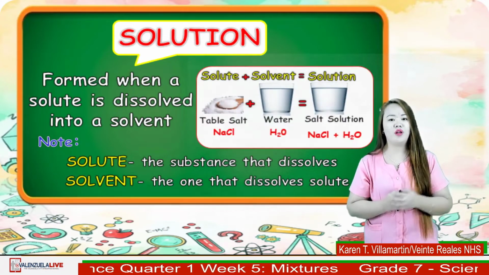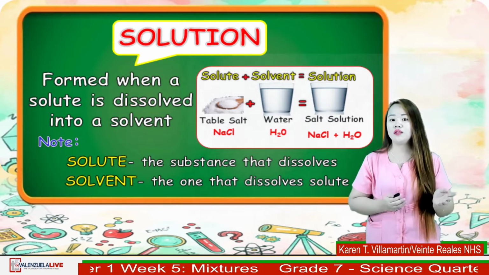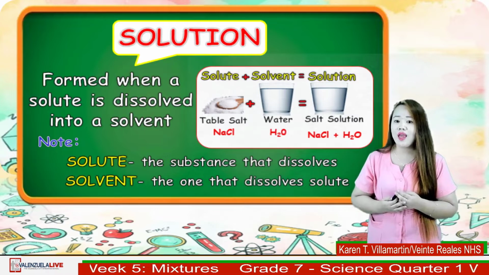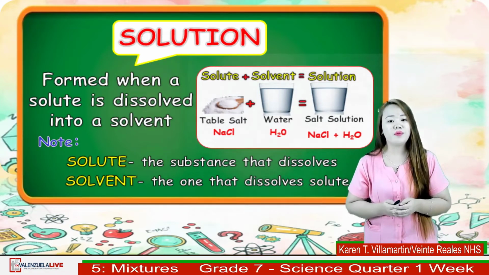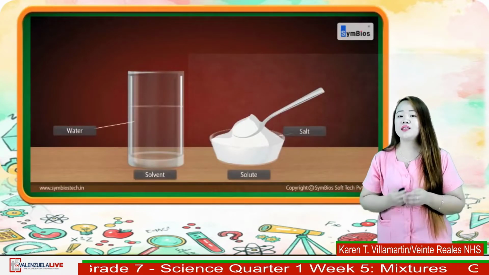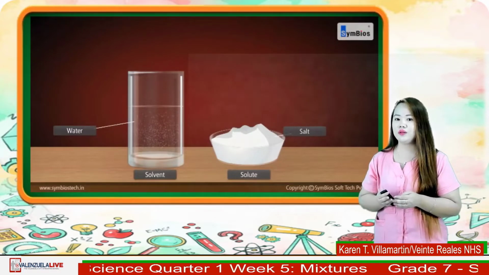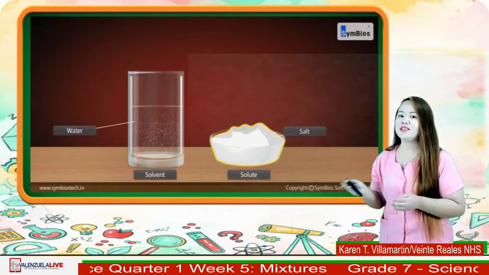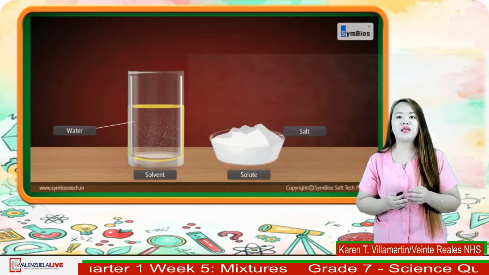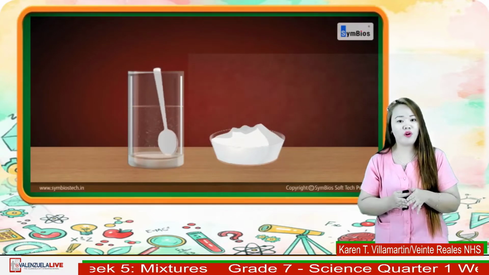For example, a salt solution is a mixture of salt, which is the solute, and water, which is the universal solvent. In this video, it shows that the solvent is the water, while salt is the solute. When the salt is mixed in the water, its particles separate and go in between the particles of water.